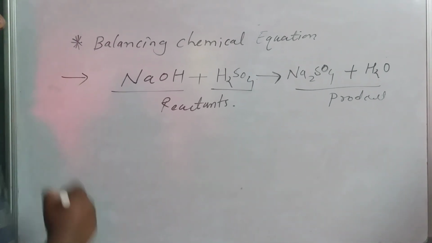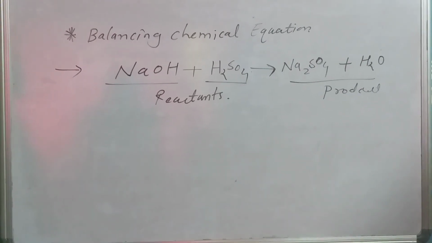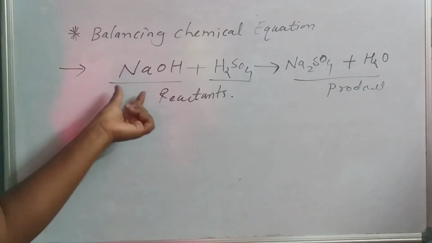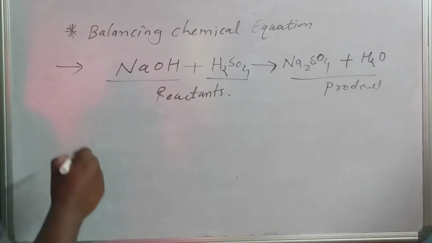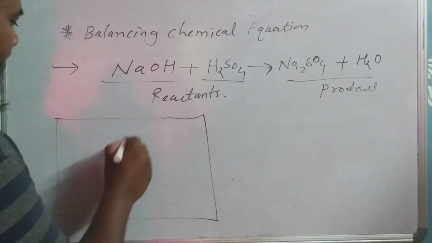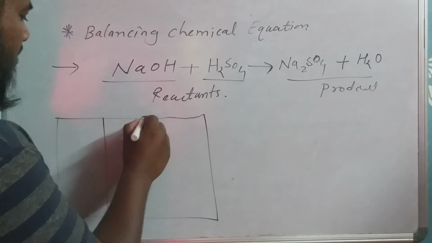This example is given and we have to balance the chemical equation. We just have to understand which elements are given here. Now we have to prepare one table here. The table contains three columns.